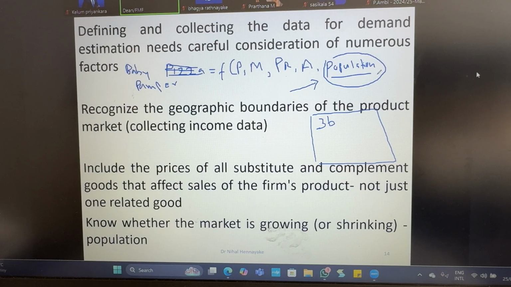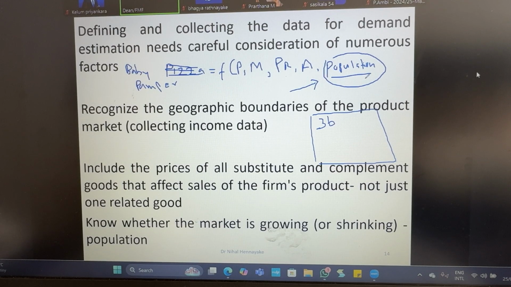Now, collecting data on the newborn babies or the changes of the population is important or not? Important, because that is the way that you need to understand the importance of the variable, right? It depends on the product. Okay, so I think that you got the point now.